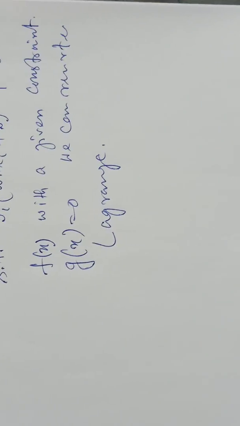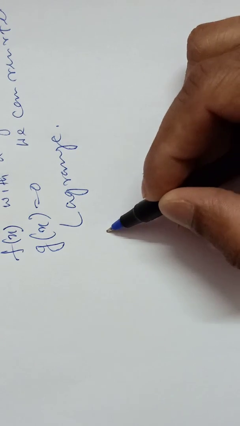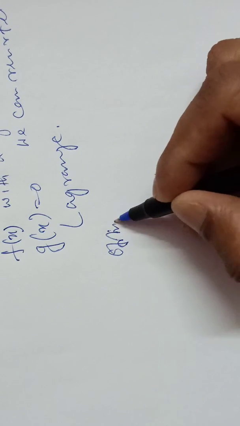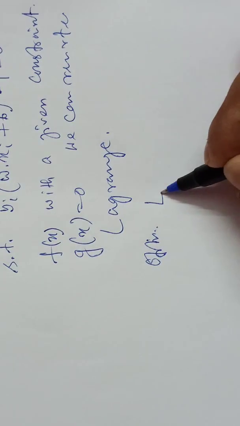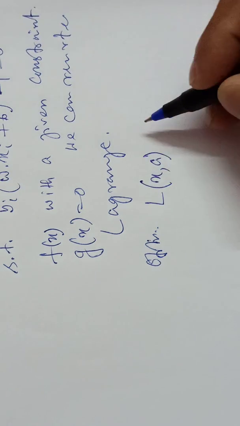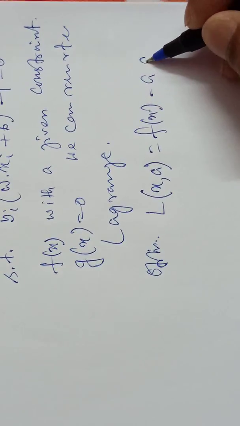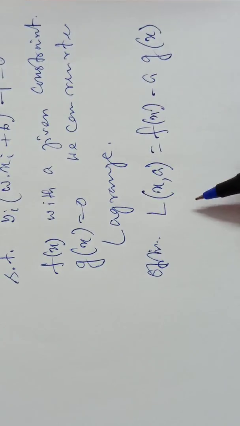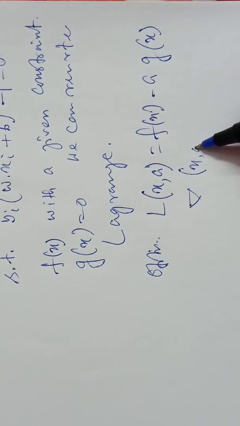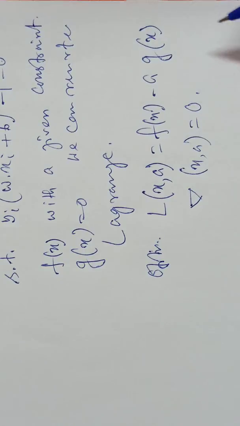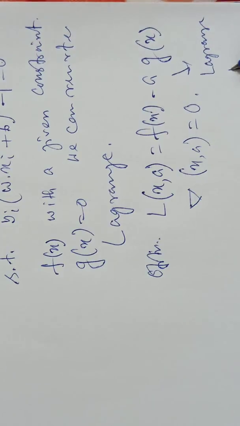Okay, so the Lagrange method provides us to optimize the Lagrangian L(x, a), which is equal to f(x) minus a constant a into g(x), and the derivative of L(x, a) is equal to 0. Okay, where this a is known as the Lagrange multiplier.